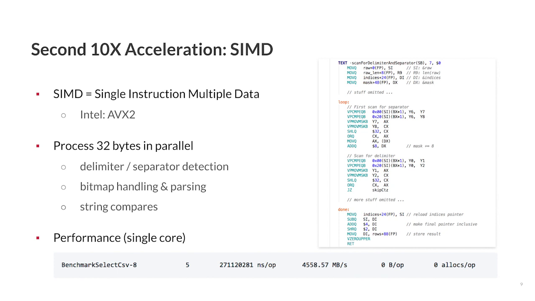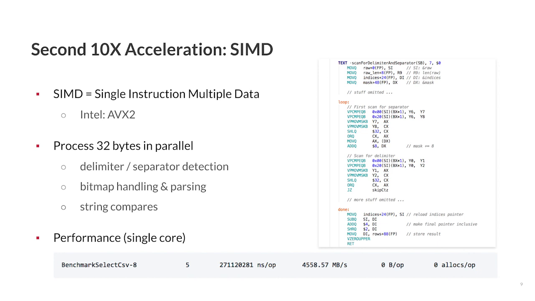For those of you who haven't heard about SIMD, it stands for single instruction, multiple data. In essence, it allows you to process a large number of bytes in parallel using a single instruction. There are various flavors of SIMD instructions, but in this case we're using the AVX2 version on Intel CPUs, which processes 32 bytes in parallel.